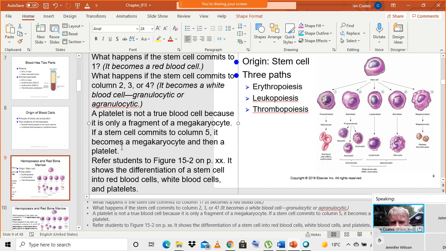If a stem cell commits to column 5, it becomes a megakaryocyte and then a platelet. And just by the way, RBCs don't have a nucleus, they don't have any DNA, and after about 3 months, they get the chomp, which we'll get into with the degradation of blood.